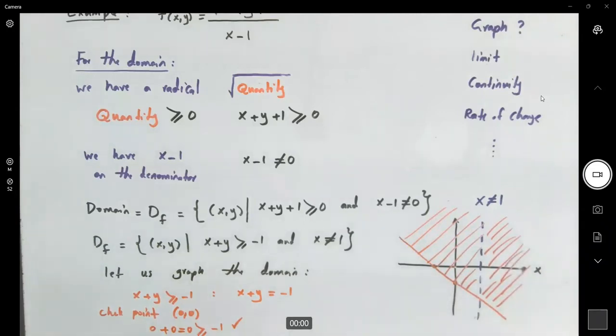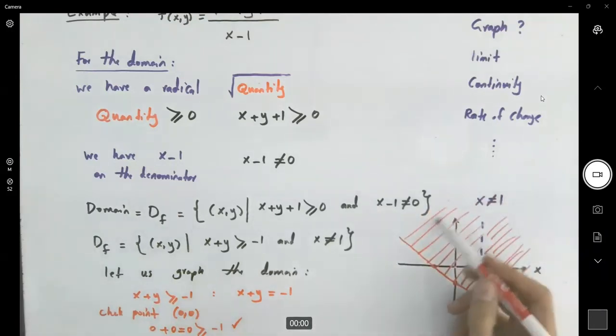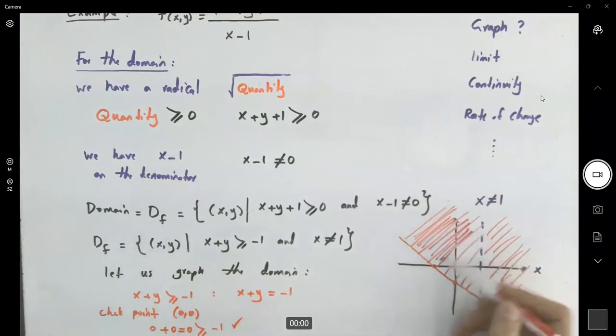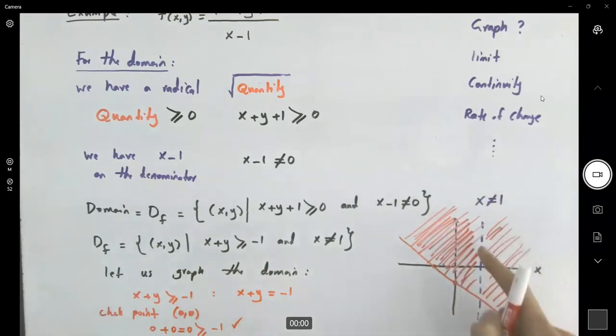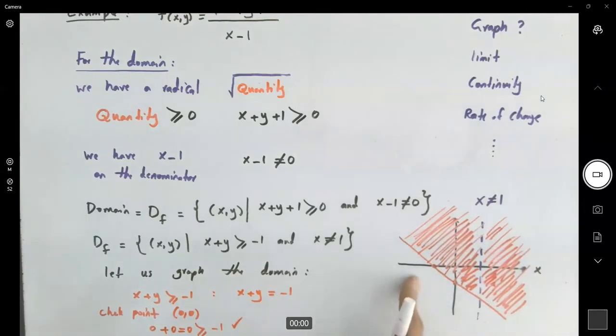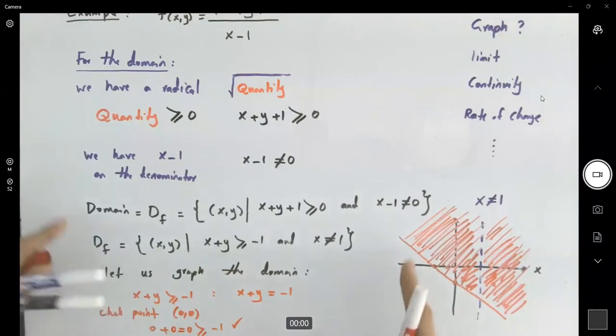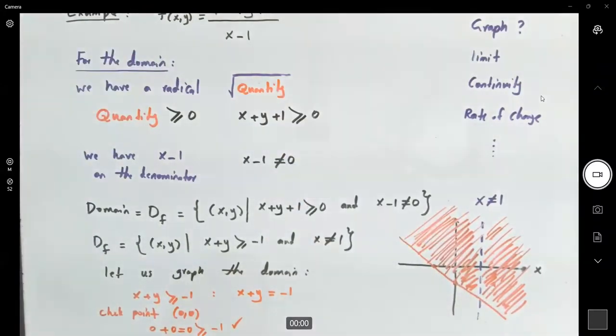Very good. So what is the domain? The domain is all this shaded area, and you have to exclude this vertical line, all points on this vertical line. So this is the visualization of the domain of this function.